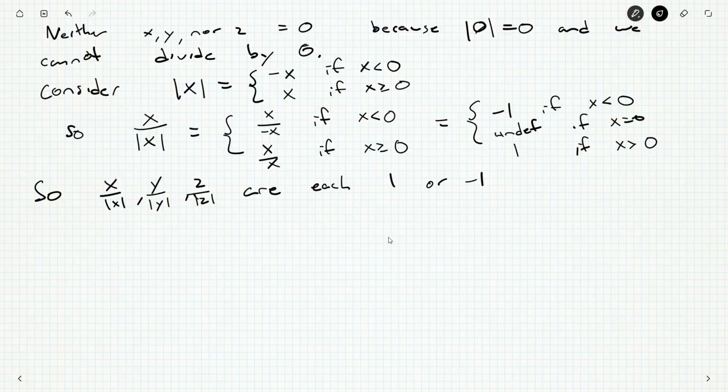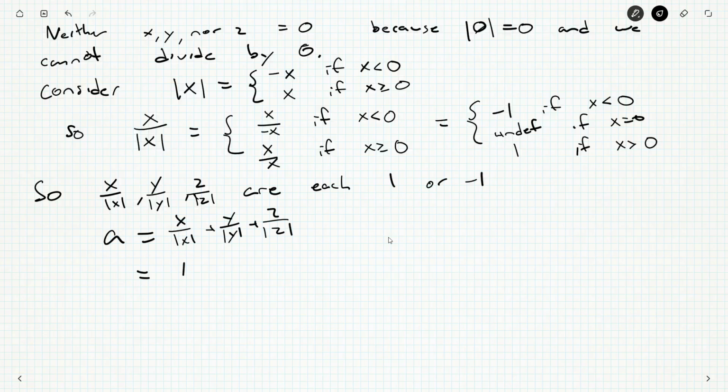So for my a's, I could make just a nice little chart here. a is x over absolute value of x plus y over absolute value of y plus z over absolute value of z.